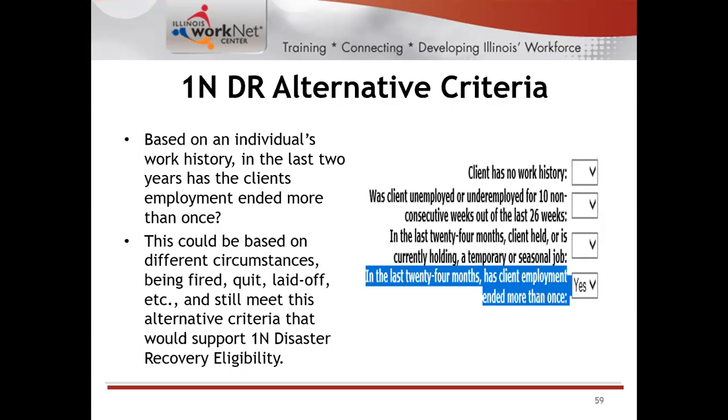What this is tied to is if a client lost his or her job, got fired, got laid off, or quit more than one time, they would meet eligibility. A lot of times a client might meet multiple of these criteria. Only one yes is needed to meet eligibility. If you say yes to more than one, it's fine. You just need to make sure that your documentation, which in most cases is probably going to be a self-attestation, covers each of the circumstances where a yes has been marked.